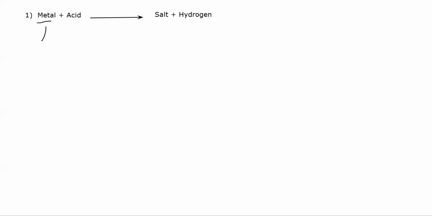Now, after a word equation, we have to complete a symbolic equation. For a symbolic equation, it should be balanced as well, but the first thing we start with is writing a complete equation, and then the second part is balancing.